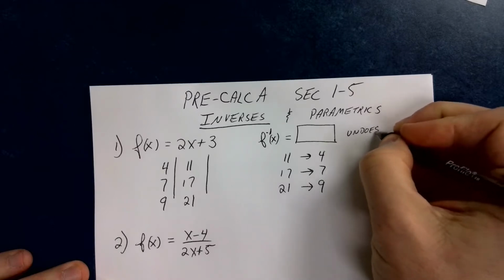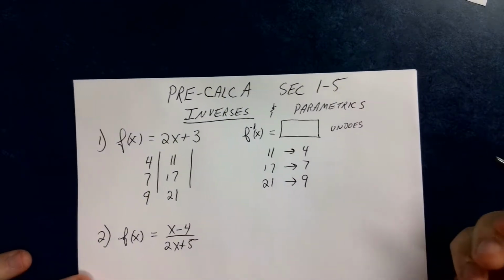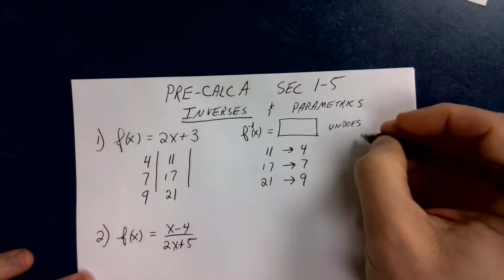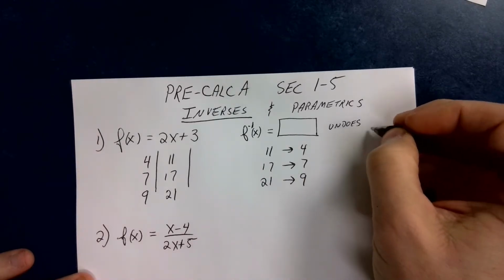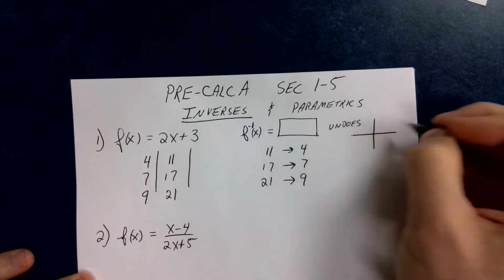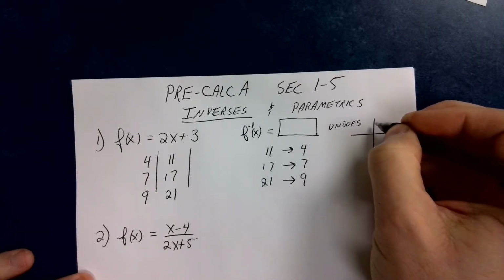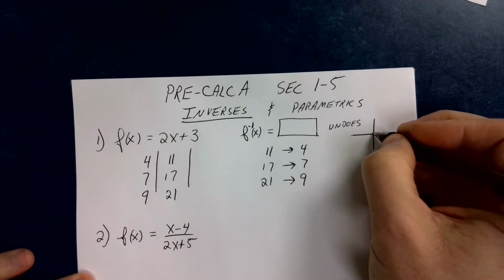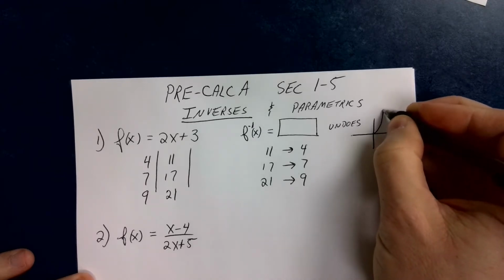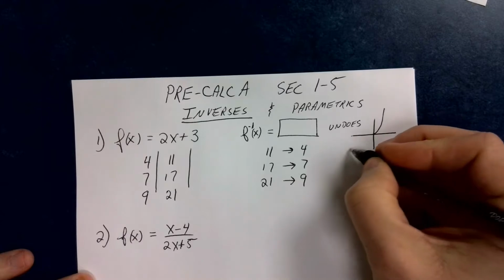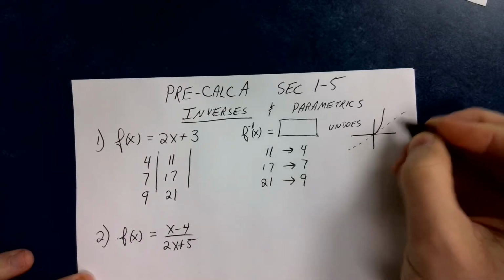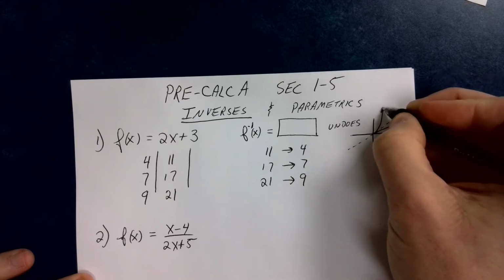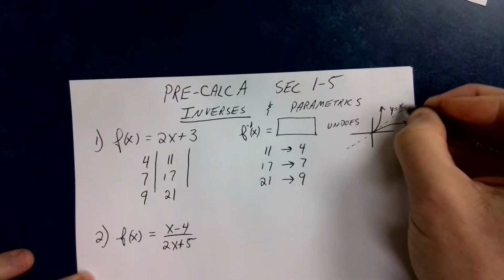And there are 3 basic things that we can do when we're looking at inverse functions. One is that inverses, if this happens to be a graph, its inverse will be a reflection over the y equals x line.